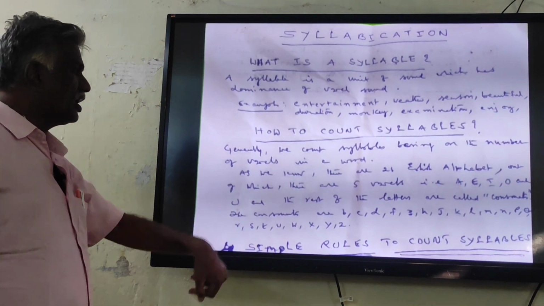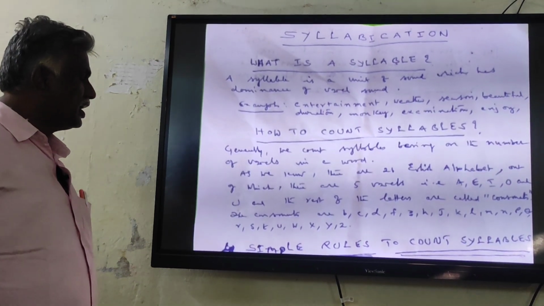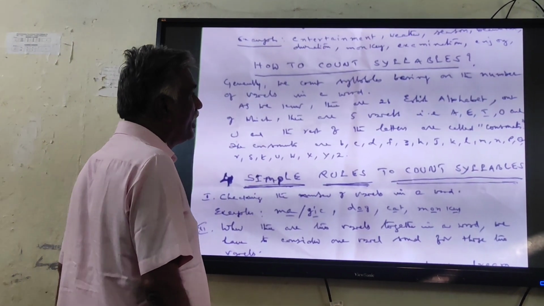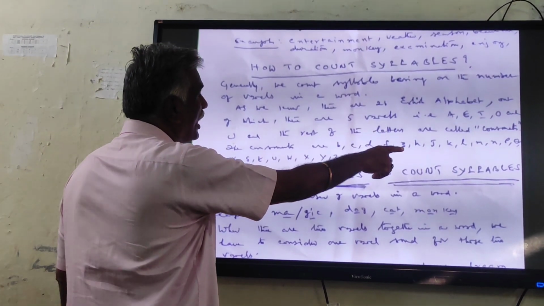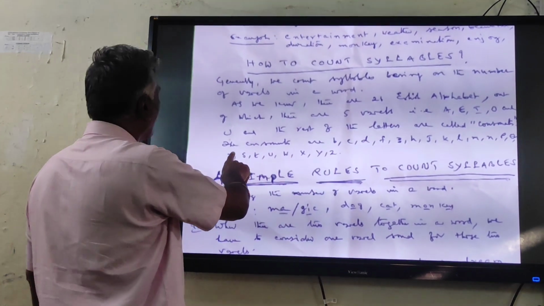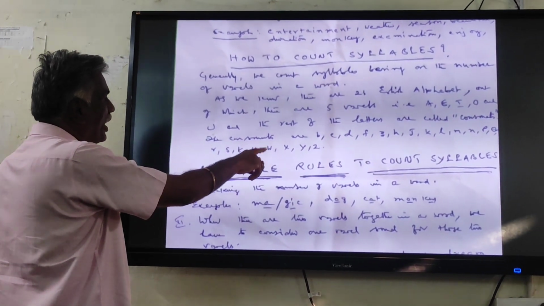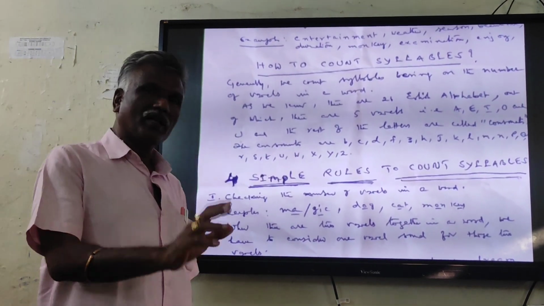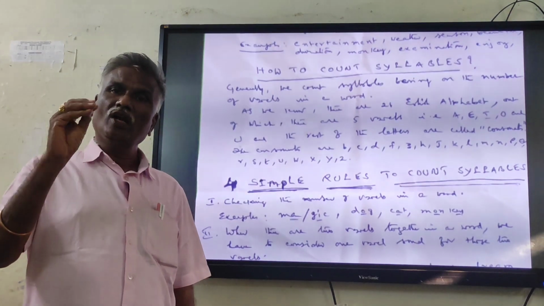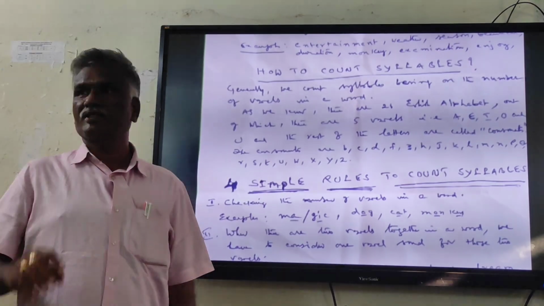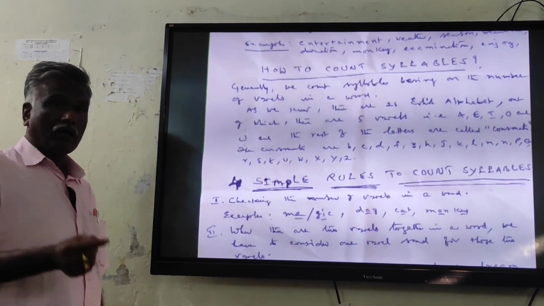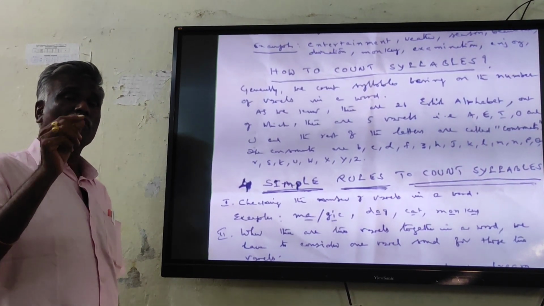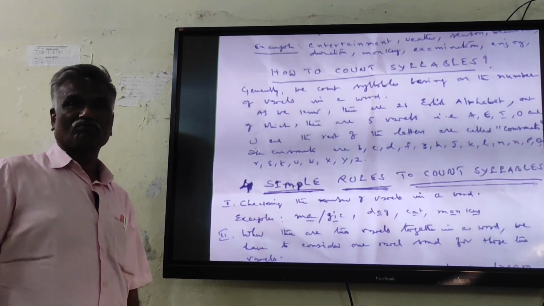The consonants are B, C, D, F, G, H, J, K, L, M, N, P, Q, R, S, T, V, W, X, Y, Z. There are 5 vowels and 21 consonants. Here, one thing we have to keep in mind, that every syllable has a vowel sound.